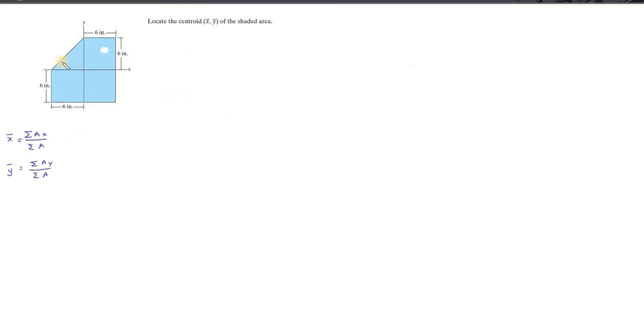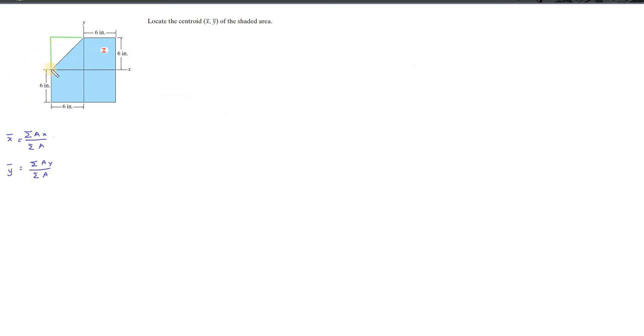Now, by looking at this entire shaded region, I like to look at it this way: I'm going to look at this whole shaded region plus this rectangle, so this whole section, which I'm going to call section 1.